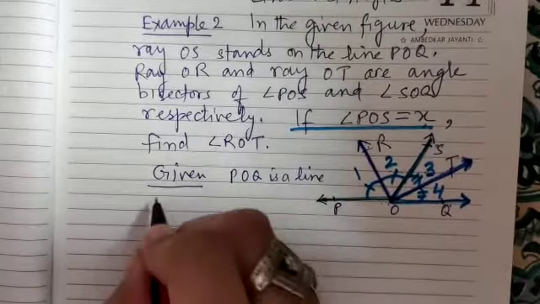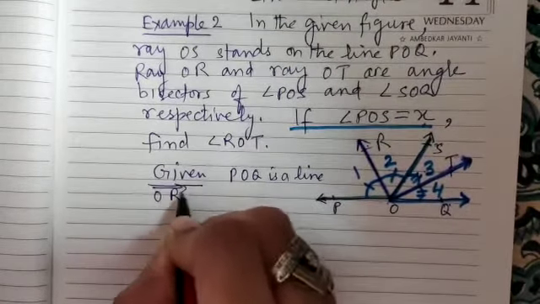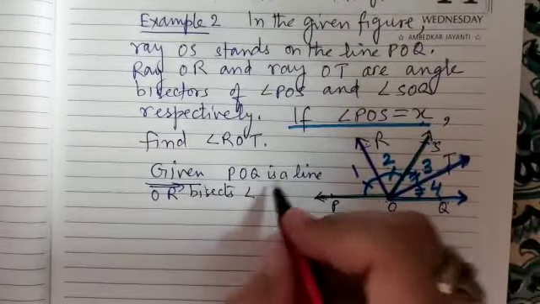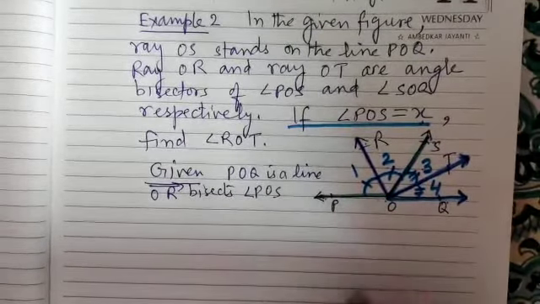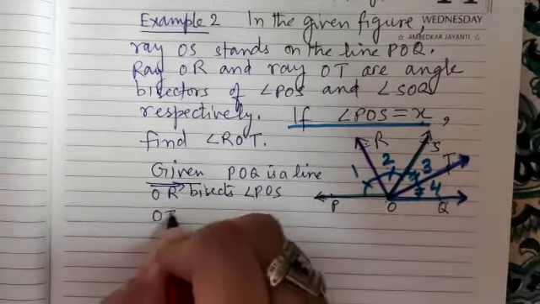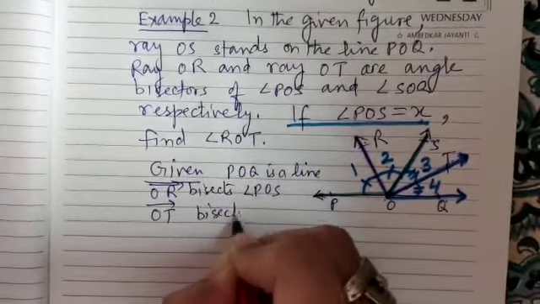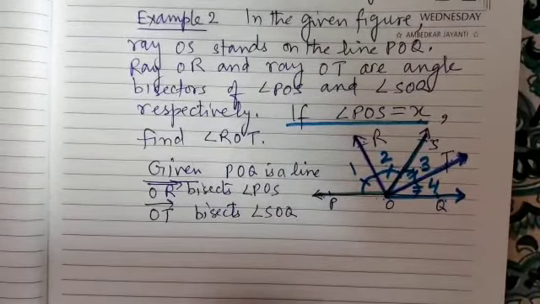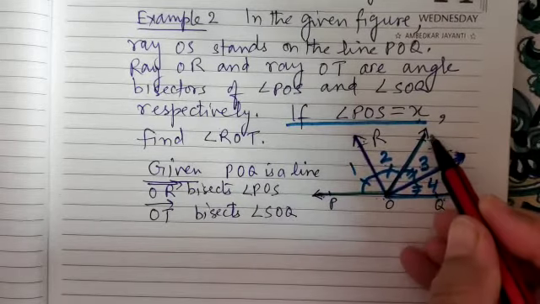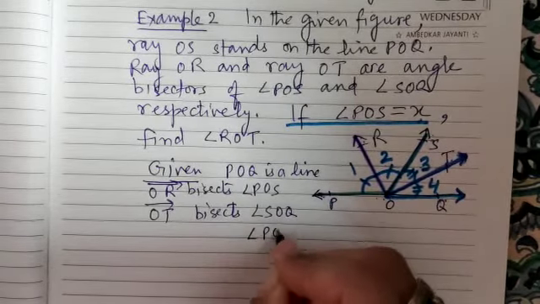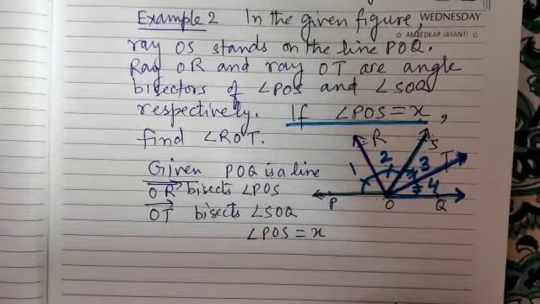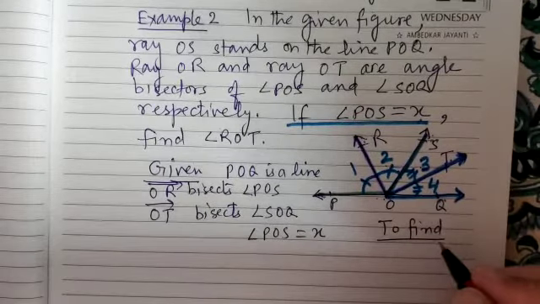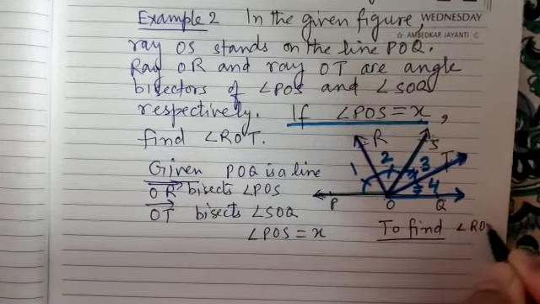Then it is given OR, it is a ray, bisects angle POS. Third thing which is given, OT, it is also a ray, it bisects angle SOQ, and it is given that angle POS is equal to X, and we need to find, then you write down what you have to find. We need to find angle ROT.